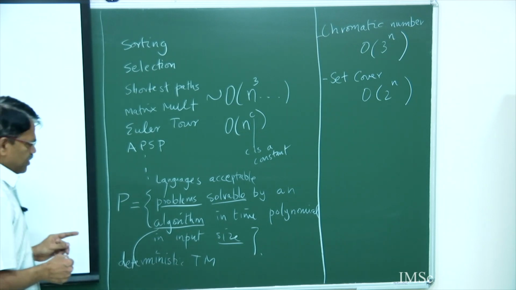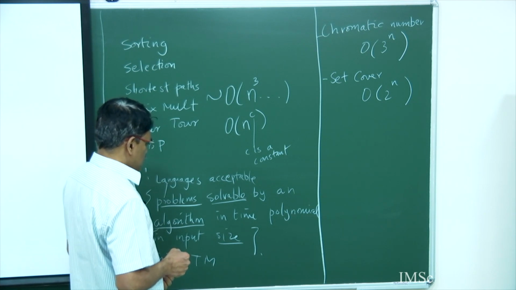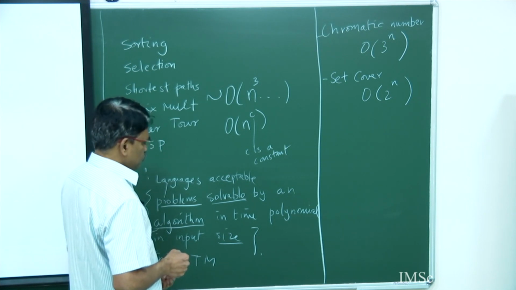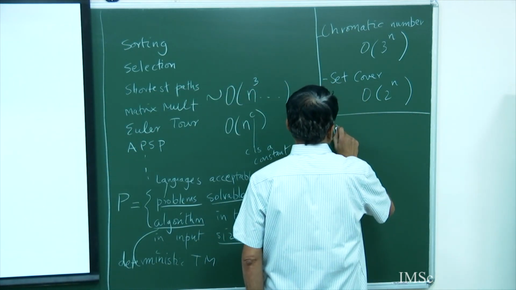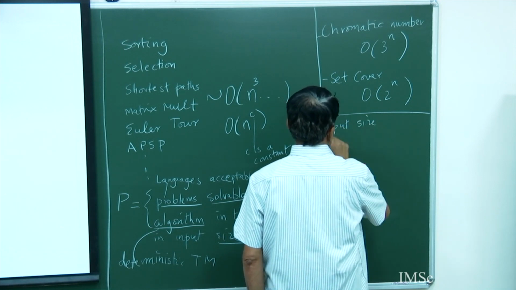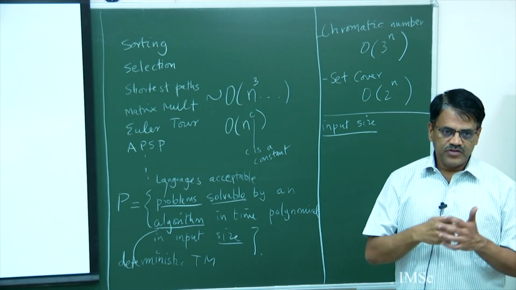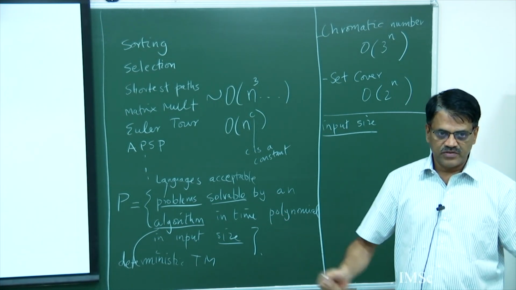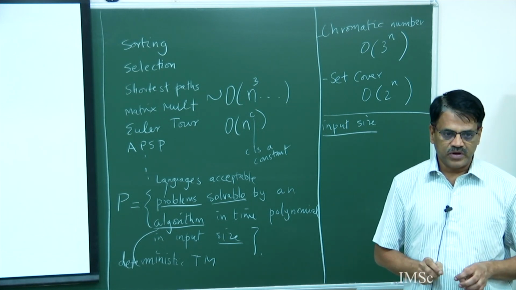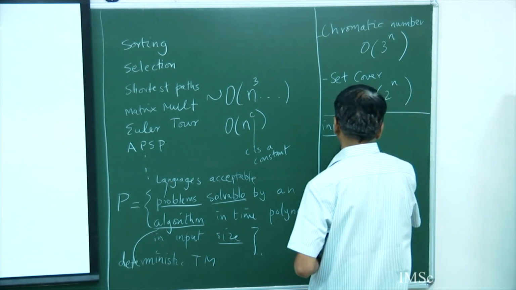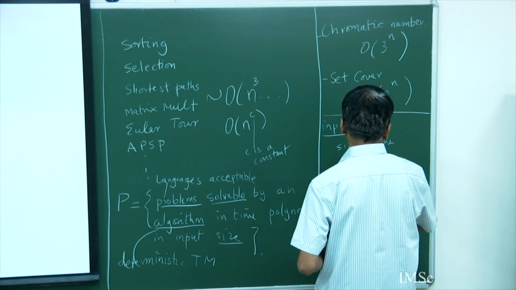Input size is something I have to make clear. So, what is input size? You know what your input is, just take a good efficient encoding of the input and look at its size. For the most part assume you have a binary encoding of the input, and the input size is the size of the binary encoding.